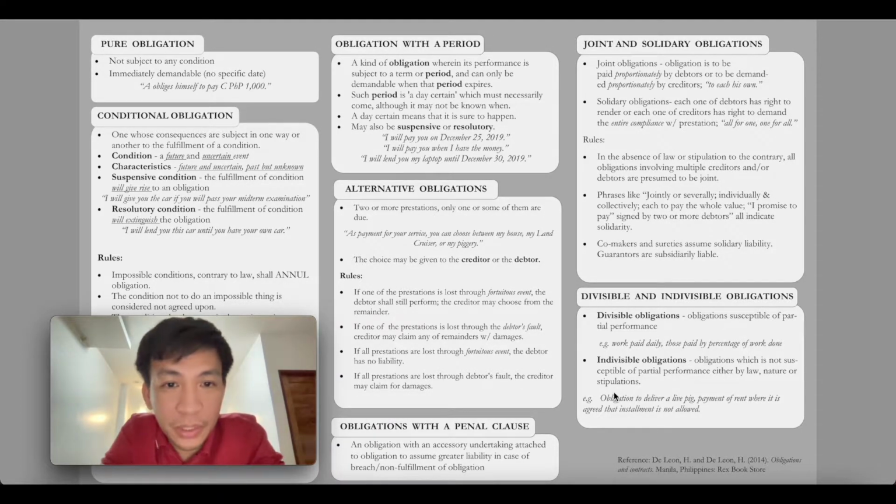Our first example is one that is an example of a suspensive period. What is a suspensive period? Example niya ay, I will pay you on December 25, 2019. Okay. This is an old material. Sige, let's change that. I will pay you on December 25, 2021.